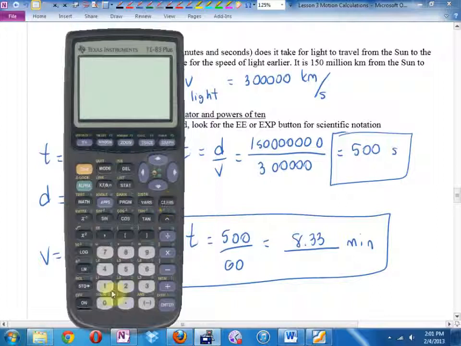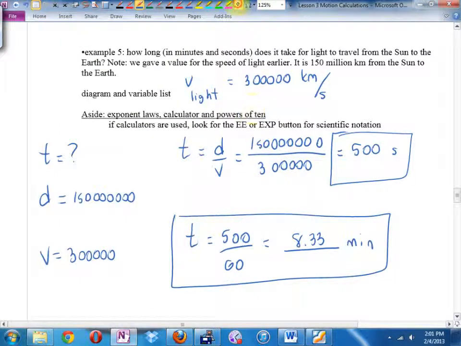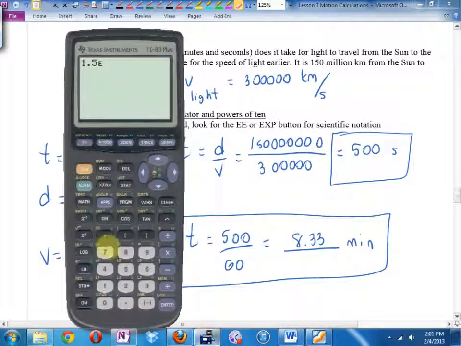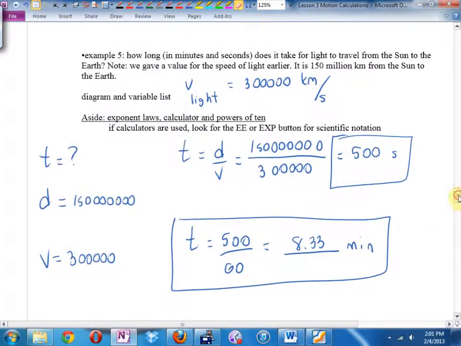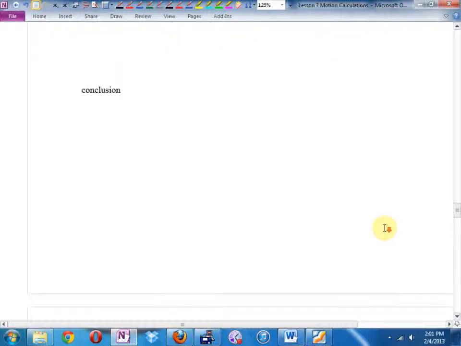You could go 1.5, scientific notation button, and then 1, 2, 3, 4, 5, 6, 7. It's 1.5 times 10 to the 8th. My calculator doesn't do times 10 to the, it does a letter E. Divided by 3, scientific notation button, 5, and that also gets you the 500. We're going to practice that a bit later because we're going to be dealing with numbers that we have to go in scientific notation.